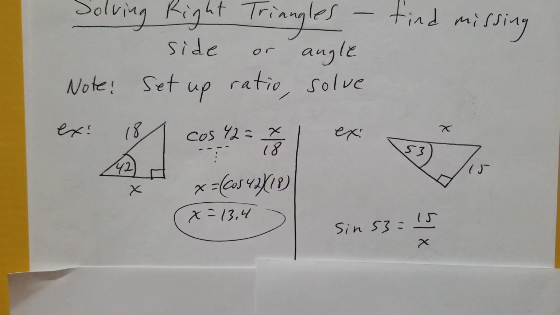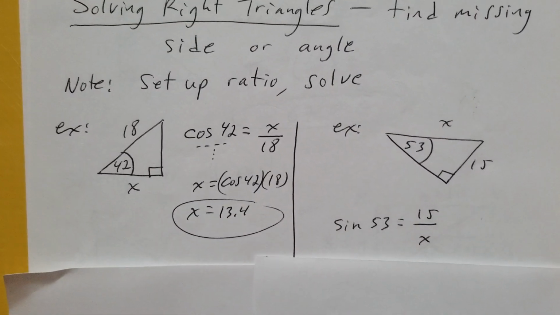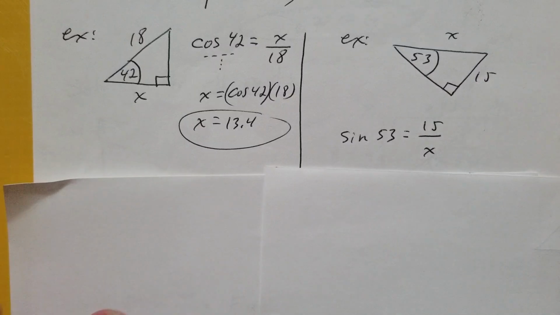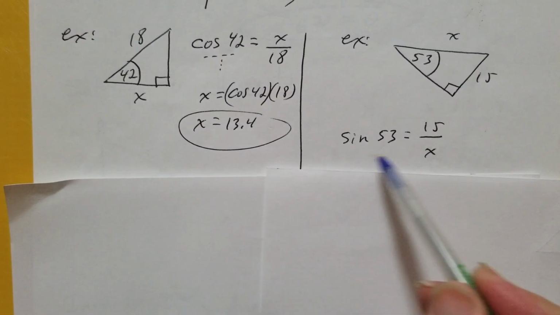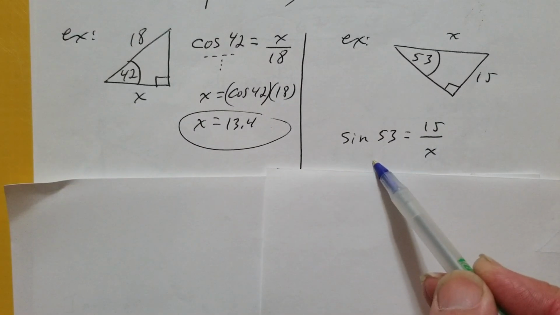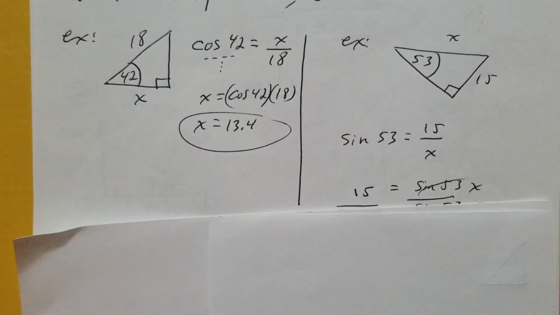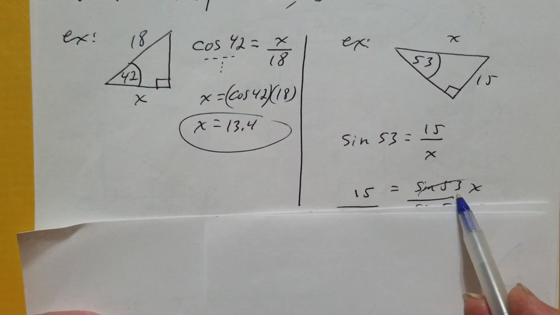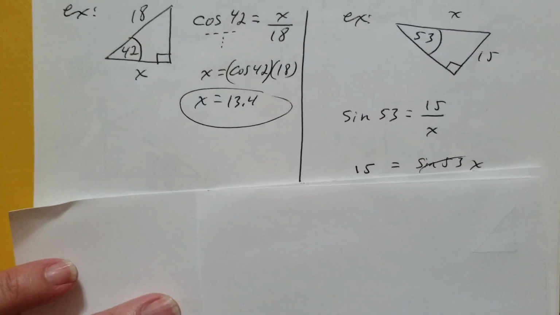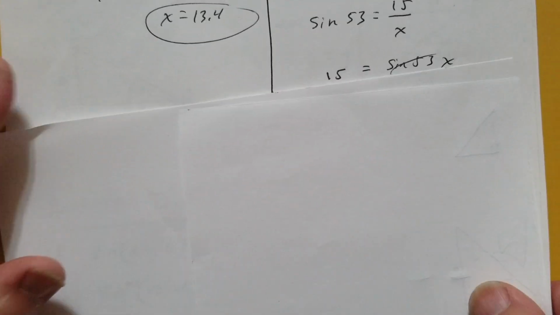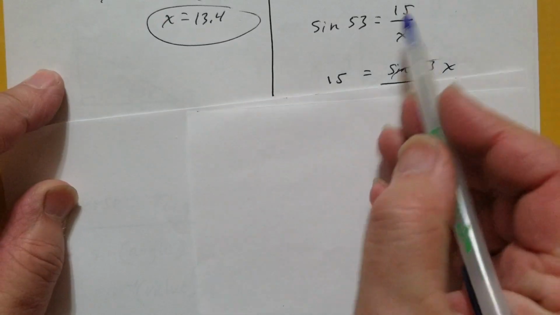That's it. Now we treat it like an equation. So imagine a 1 here. So 15 times 1 is 15. Sine 53 times x is sine 53x. It looks crossed out because I finished the problem. So I cross multiply.